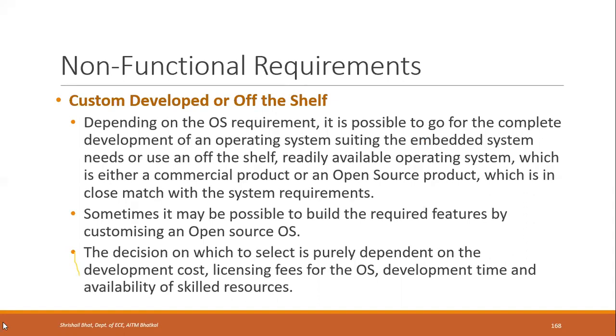Sometimes it is possible to build the required features by customizing an open source operating system. The decision on which to select is purely dependent on the development cost, the licensing fees if it is not open source, the development time, and the availability of skilled resources. So these are the different factors we need to consider.